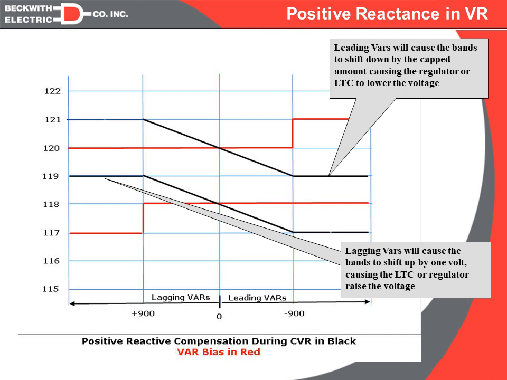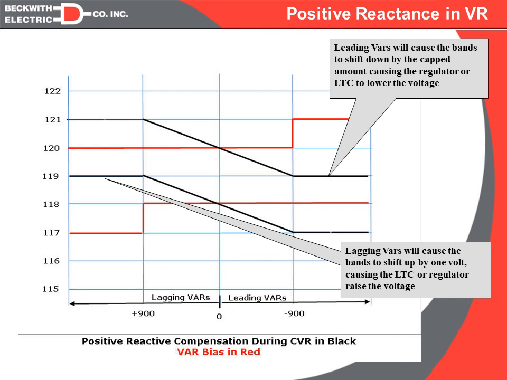But by using the positive reactance, if we have a lagging power factor because those capacitor banks are not coming on, then it will not allow the voltage to be reduced by as much, and therefore we will not have the low voltage complaints.